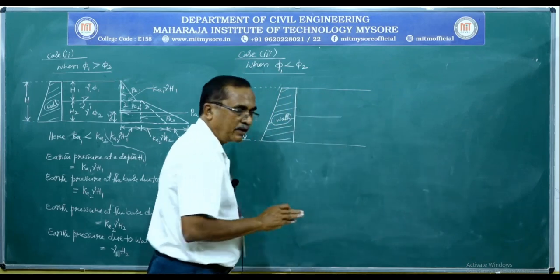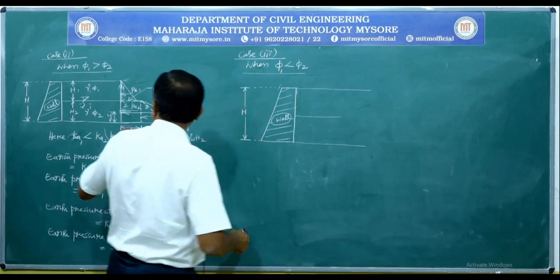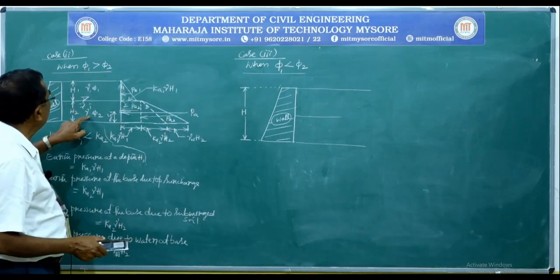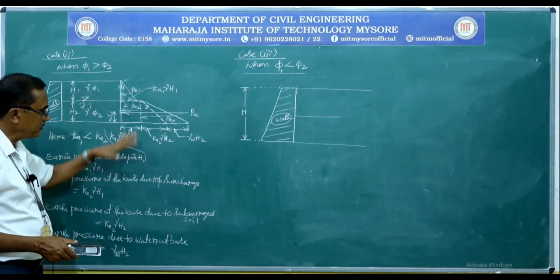We can consider a water table, or without a water table also. So here, as in the previous case also, whether it may be a water table or if there is a change in the value of phi 1 and phi 2, the same procedure is adopted.